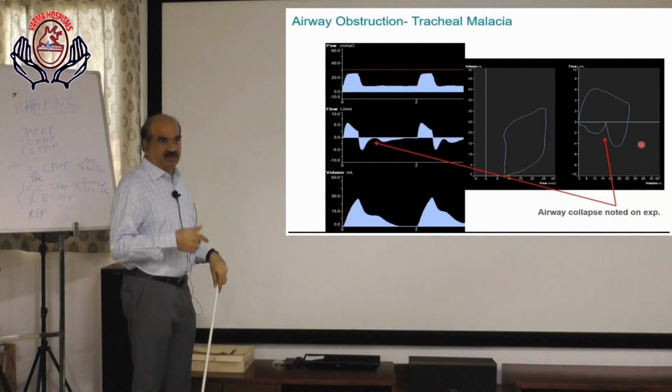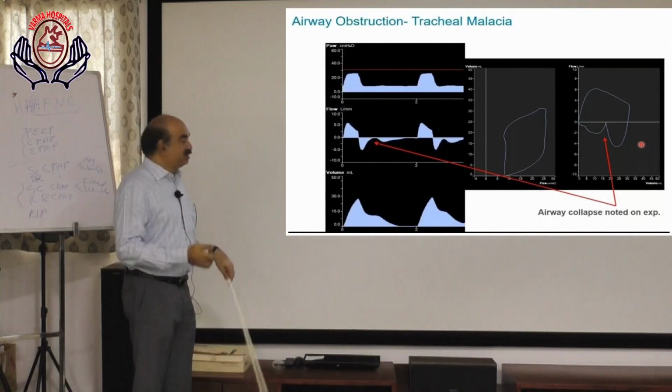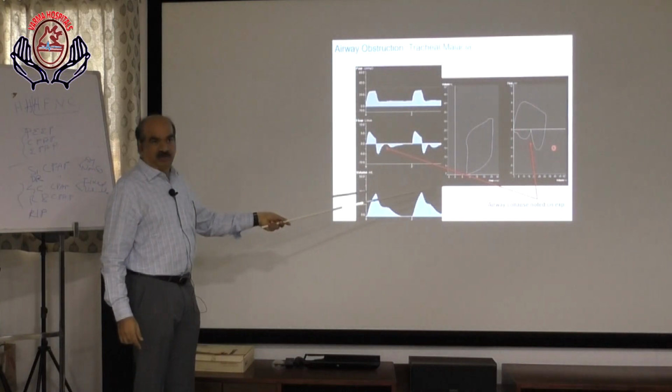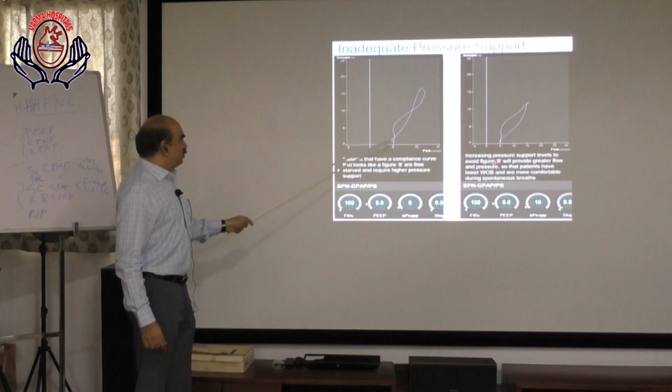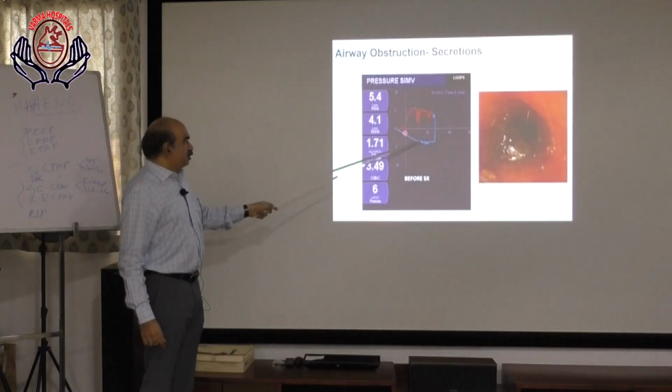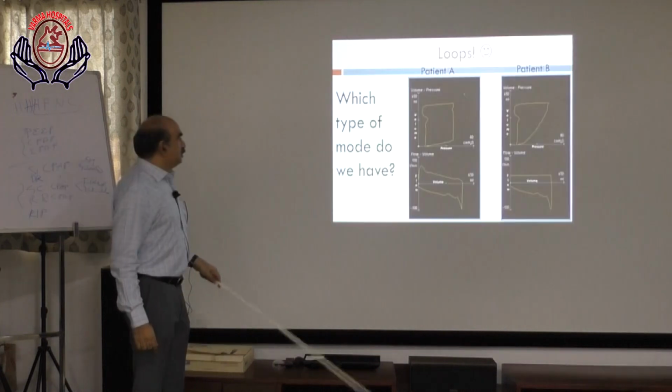Prolonged ventilation can cause tracheobronchomalacia, and that will be identified early in scalars and loops. If you observe a sawtooth pattern, a zigzag pattern in the expiratory limb and in the inspiratory limb, that indicates secretions.